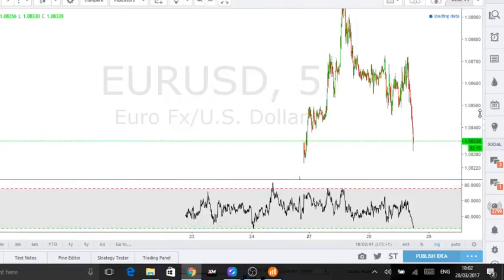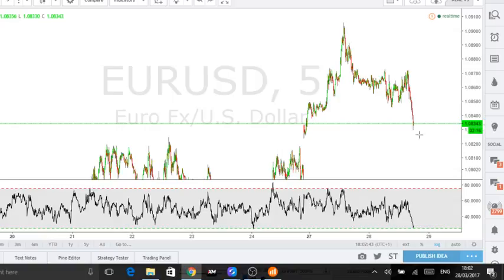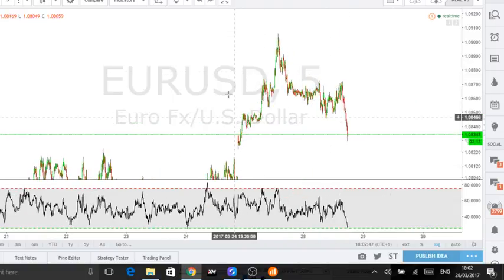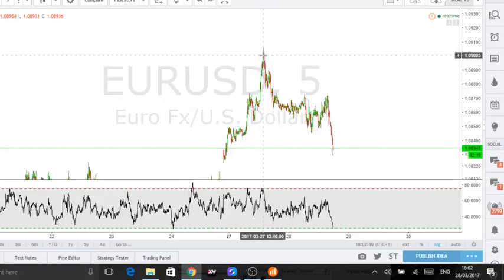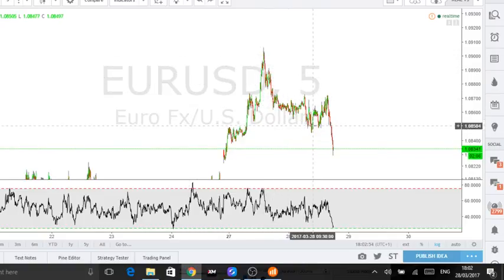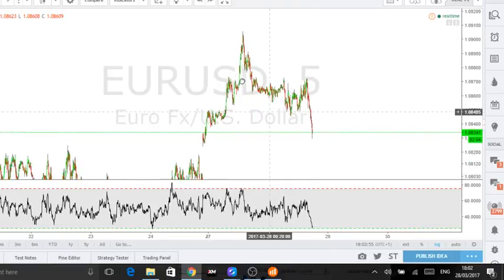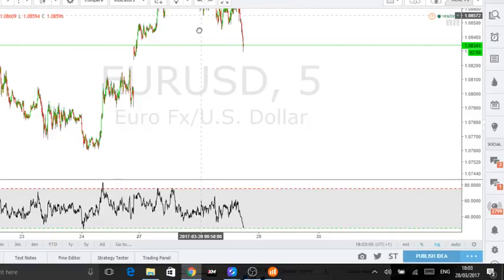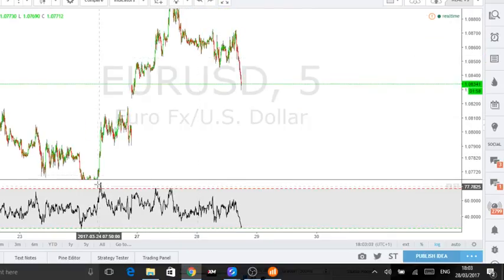What I can see is price has clearly come from this high here and slowly taken its way down. So technically, we're in a downtrend, a pullback of an overall uptrend, quite a deep pullback here.